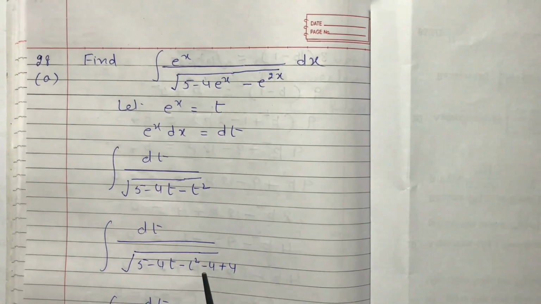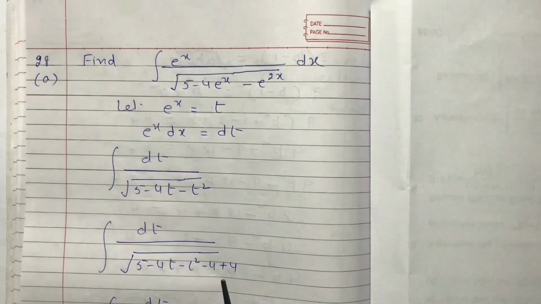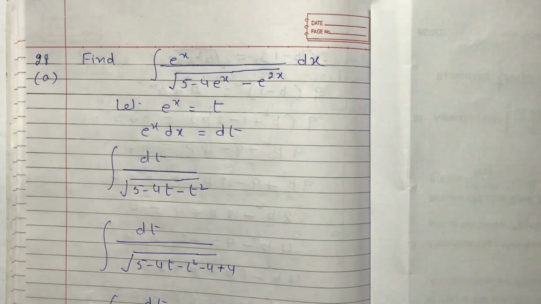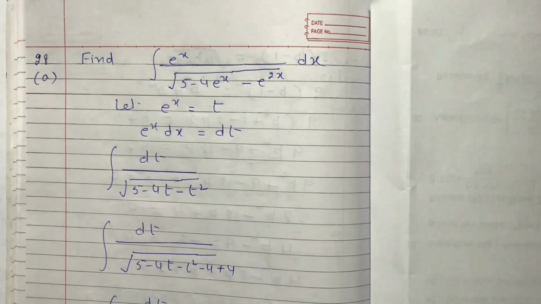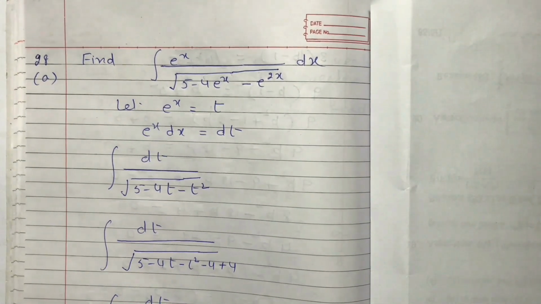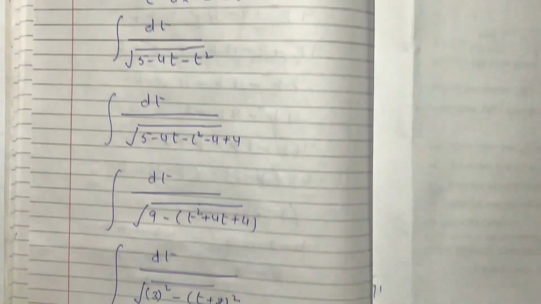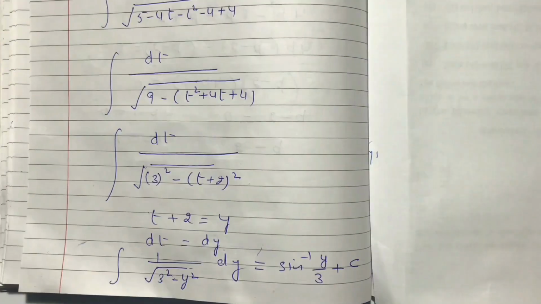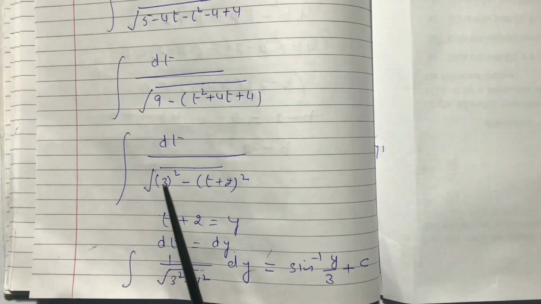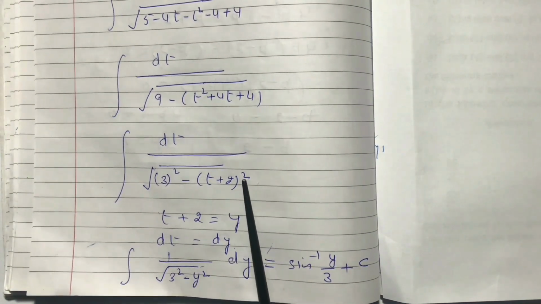Now add 4 and subtract 4 in this expression. You will get this. Now dt upon root 9 minus, in the bracket you will have t square plus 4t plus 4. Now this is equal to dt upon root of 3 whole square minus t plus 2 whole square.